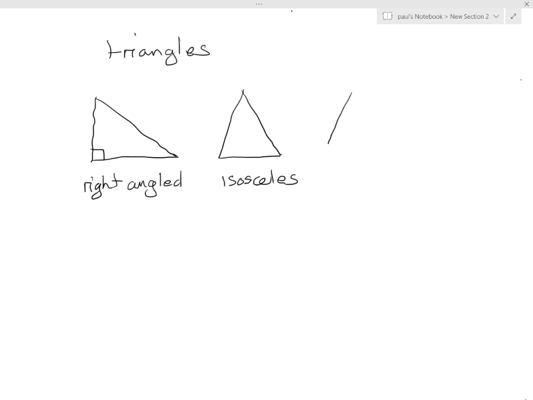Isosceles, and we have got an equilateral, and we've got a scalene. Right, so if we want to find out the perimeter, now remember this does not include Pythagoras, because that's another lesson.